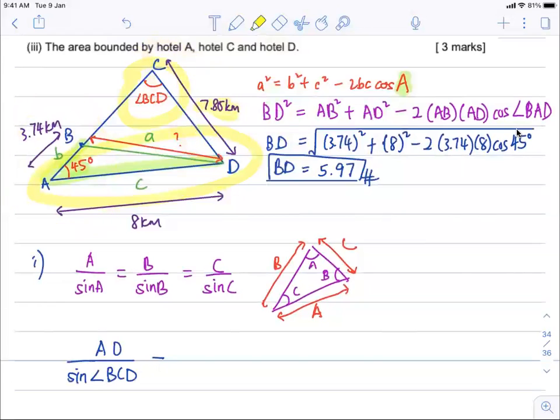This one and this one. So it will be equal to CD over sine CAD.